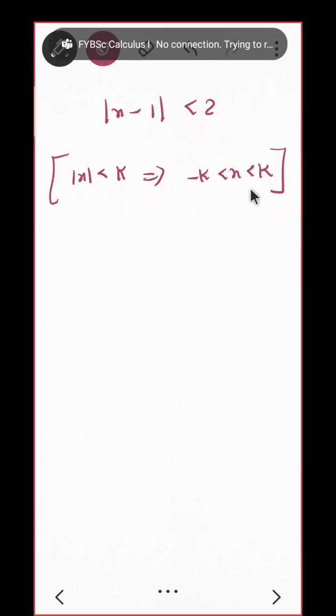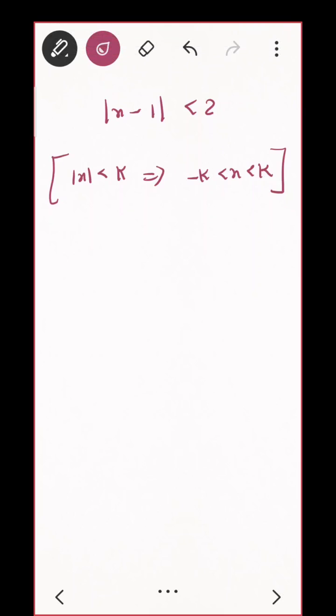How to solve this? Perfect, perfect. If mod of x is less than k, then it implies that minus k is less than x is less than k. Even if you don't use this property it will work, but the best thing is if you use the property, your work becomes very easy.